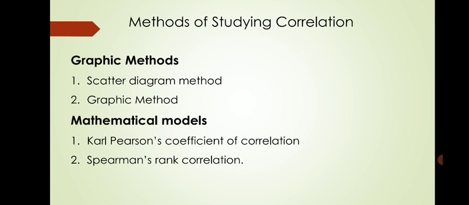There are two ways to calculate mathematical models: the Karl Pearson coefficient of correlation and the Spearman rank correlation. So we can analyze correlation by graphical methods or by mathematical models.